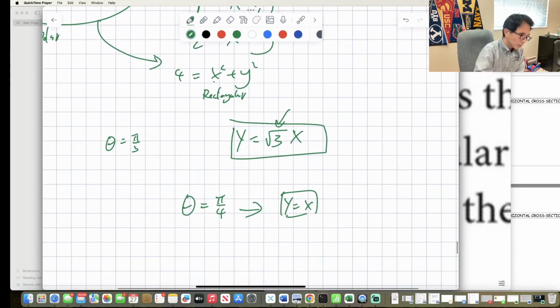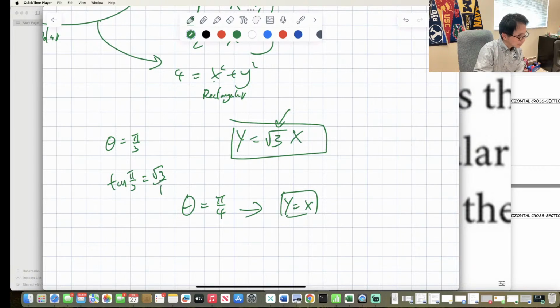If I have the tangent of pi over 3, what is it? It's square root of 3 over 1.